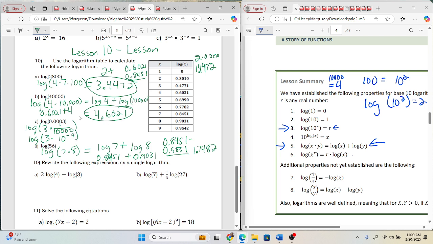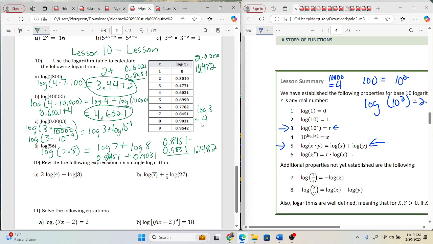So that's the 4th power. The same thing happens, just like I was doing 10 grand where it was positive 4, because I'm doing 10 to the negative 4, or 1 over 10 grand, that's going to be minus 4. So I'm going to have log of 3 plus log of 10 to the negative 4. That is log of 3 plus a negative 4. This last one, I took 4 and added to it.